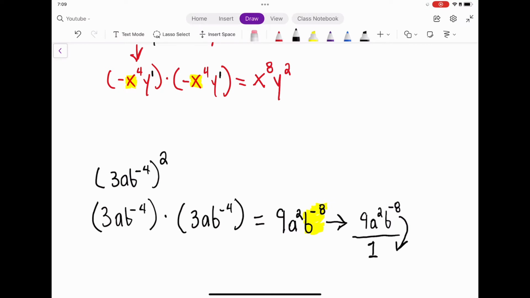So in this problem, it comes down, and now our final answer is 9a squared all over b to the positive 8. And real quick, if the exponent was negative in the bottom, we would just bring it to the top. It would just be the opposite of what we did, and then it would be positive.